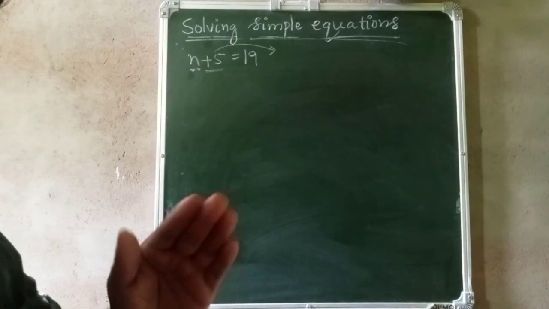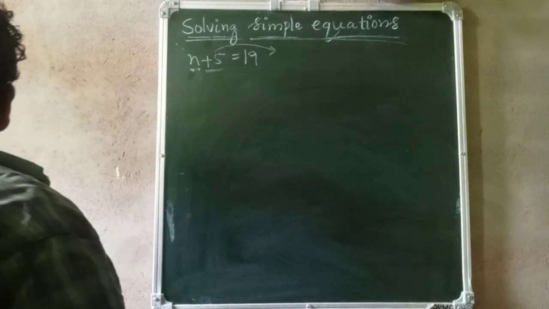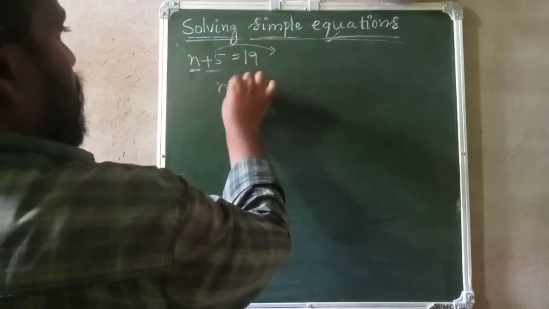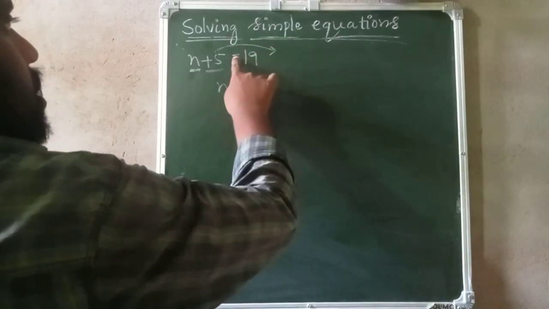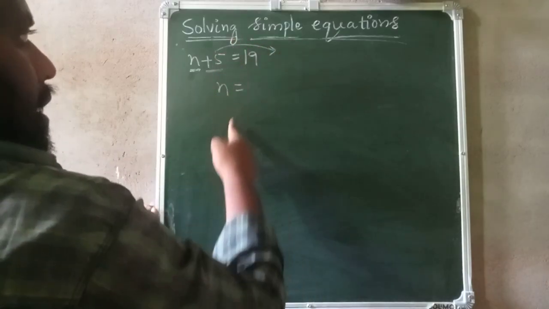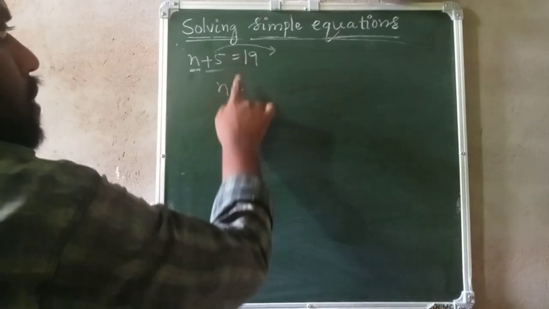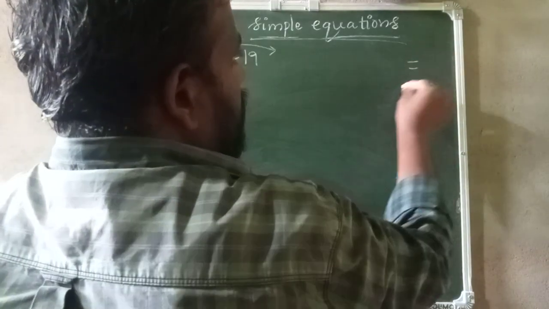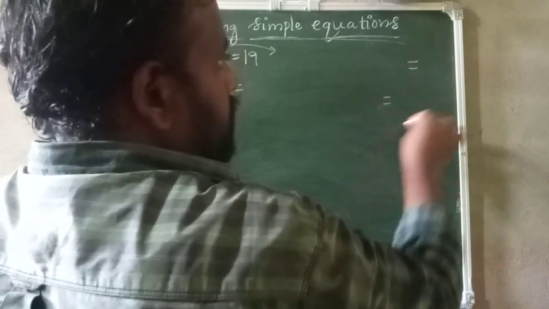Okay. So before moving, in the next step, write this n as it is, then equal. Okay. So equal sign should be in one line. That means one below the other. Okay. For example, here equal sign, here another equal sign, it is not correct.